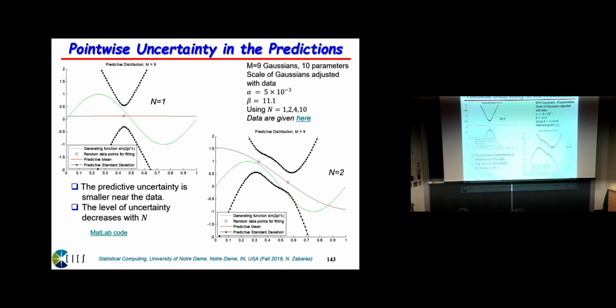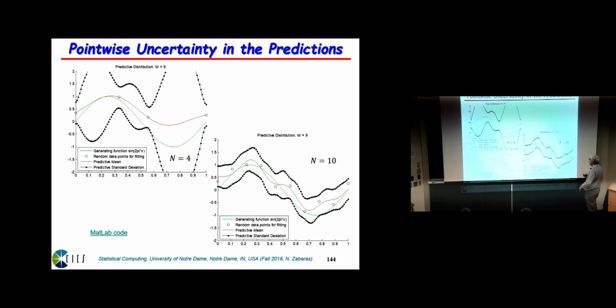This is your data point, and that's where the uncertainty in the predictions is smallest. With two data points, the uncertainty away from the two points is very high, but close to them, where you do a sort of interpolation, the uncertainty is reasonable.